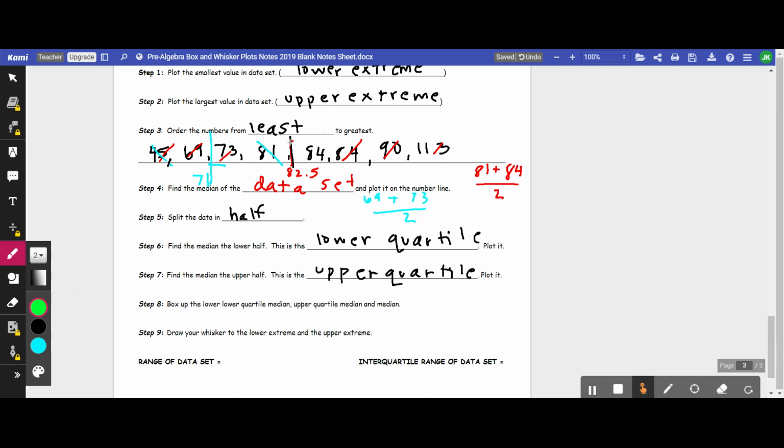You can cross off the 84 and the 113 at the same time, and then you have these two, the 84 and the 90, in the middle. So you want to average the 84 and the 90 to figure out your upper quartile. So you can add the 84 and the 90 together, and then divide by 2. If you do that, you'll get 87 for your upper quartile, and then you can graph it on the number line.